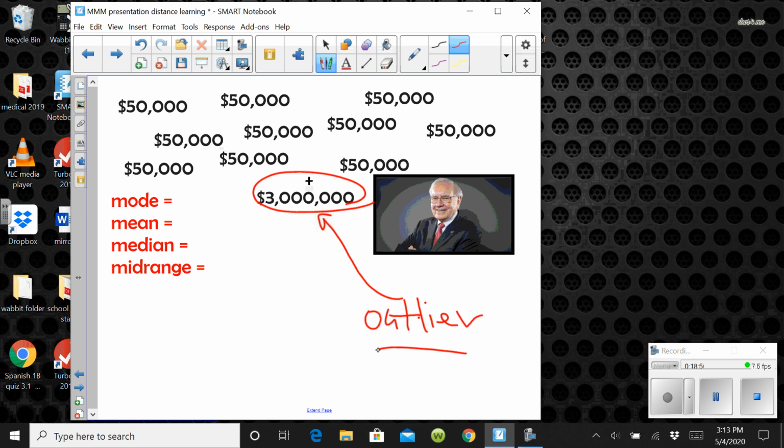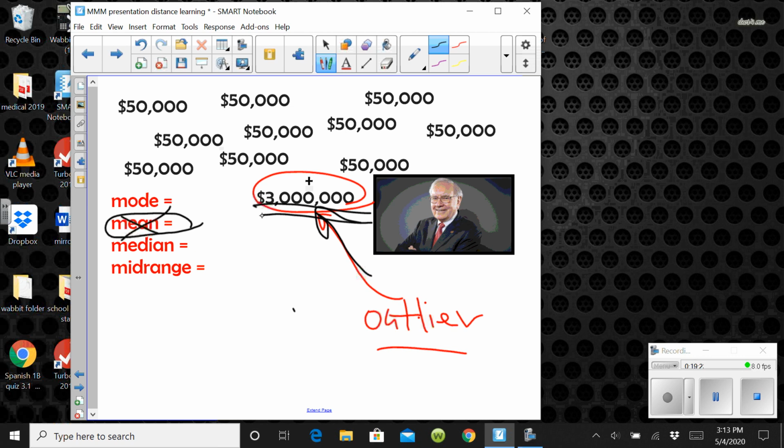And an outlier destroys the mean. It skews the mean. It pulls the mean up artificially closer to the outlier. And so the mean doesn't do a good job of describing the center anymore. The fancy way to say that in the world of statistics is the mean is non-resistant to outliers.